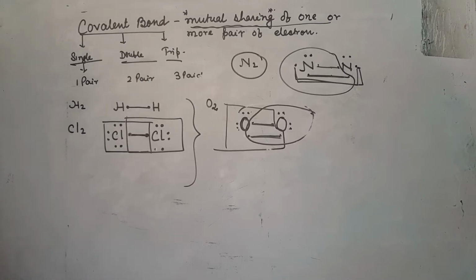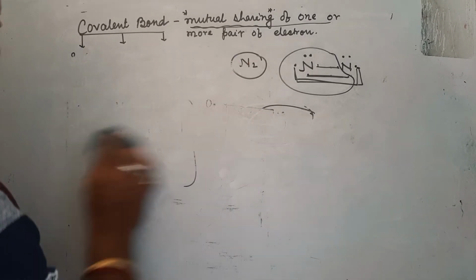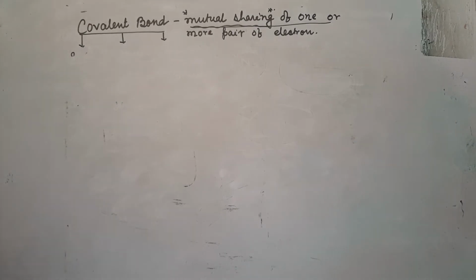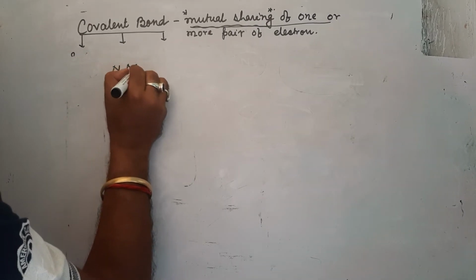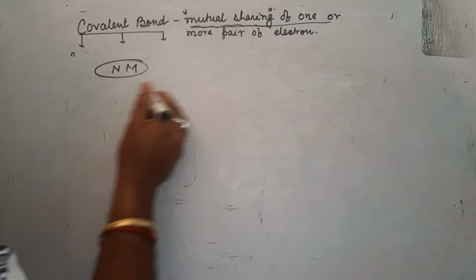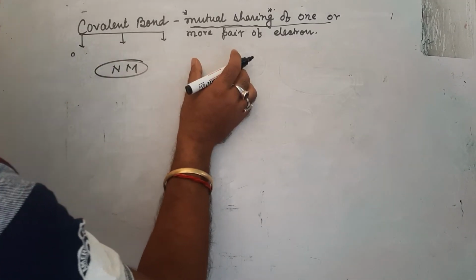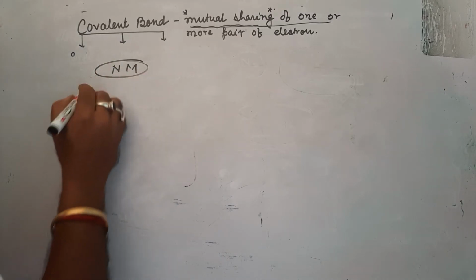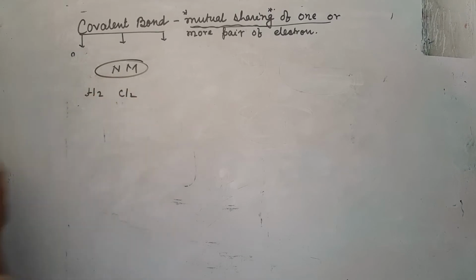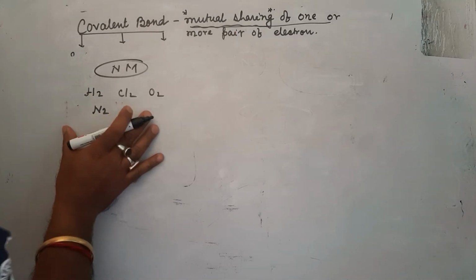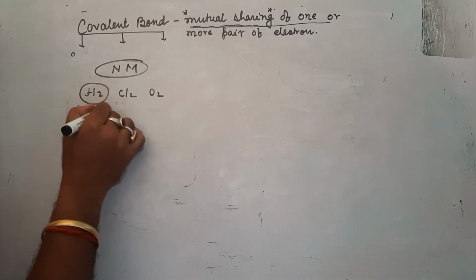Now, a covalent bond forms between two similar non-metals or two different non-metals. Two similar non-metals means hydrogen and hydrogen, chlorine and chlorine, oxygen and oxygen, nitrogen and nitrogen. They form a covalent bond and form a molecule.